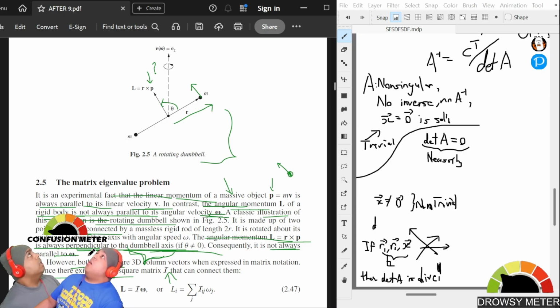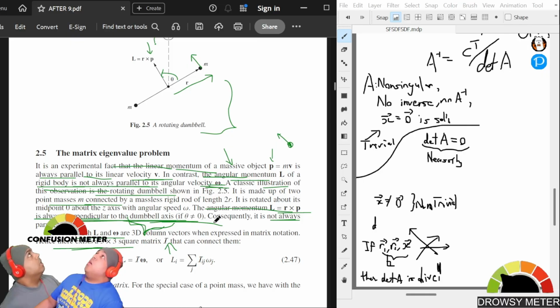However, both L and omega are 3D column vectors when expressed in matrix notation. Hence, there exists a 3 by 3 matrix.